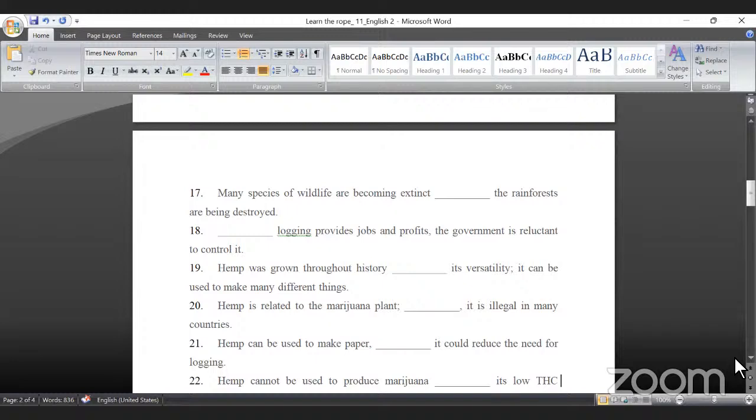It should not be permitted, but they are not able to stop it because it is providing jobs and profits. Profits for the people in the industry and jobs to the laborers who are doing it. That's what it means.